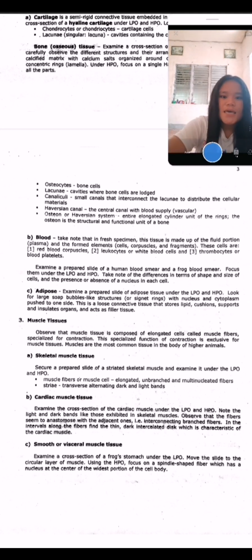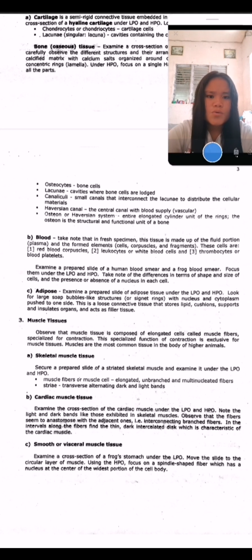So, C, adipose. So, what is adipose? Examine a prepared slide of adipose tissue. This is in the laboratory. If we have a video, we can see what is in adipose. Examine a prepared slide of adipose tissue under the LPO and HPO.